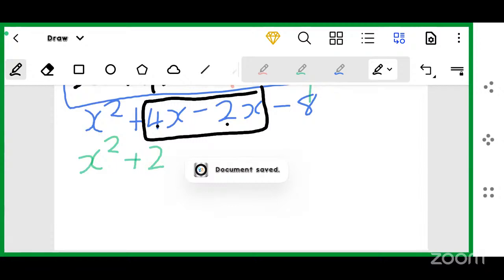So why am I saying that? Because we are not going to multiply both of them, right? If we are multiplying these two x's, that's where it gives us x squared. But now we are adding and subtracting, so we just take these ones.